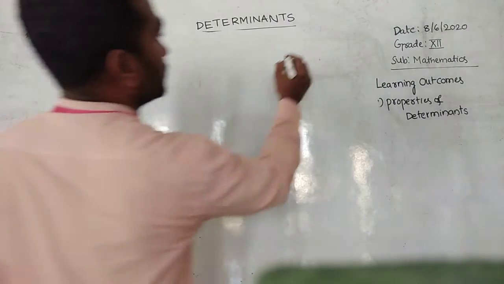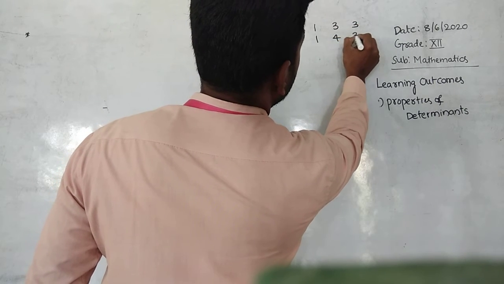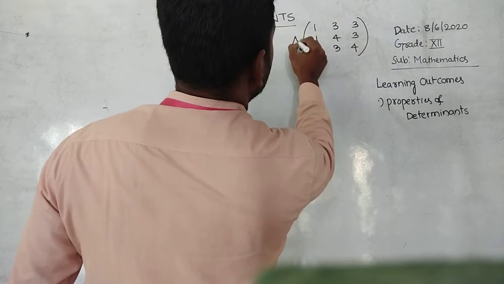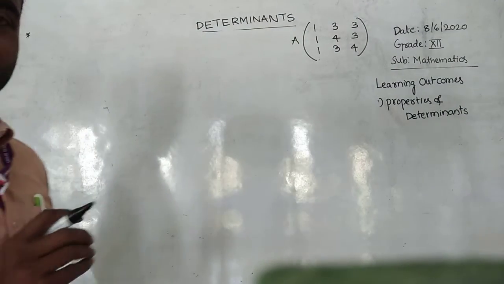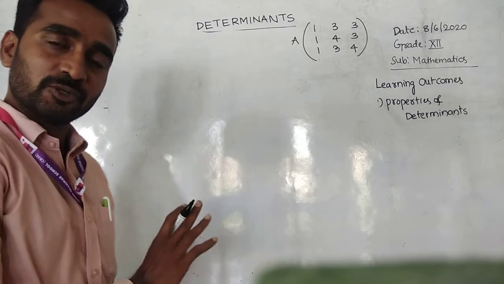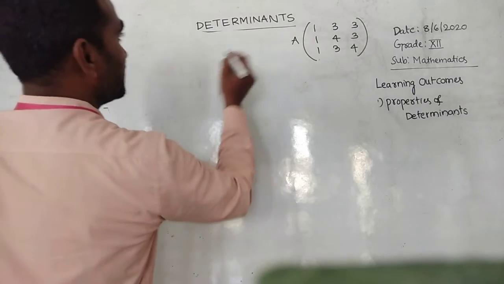A is [1 3 3; 1 4 3; 1 3 4]. Find its A inverse by using elementary transformations. Find the inverse matrix of A by using elementary transformation. See here, that is given.